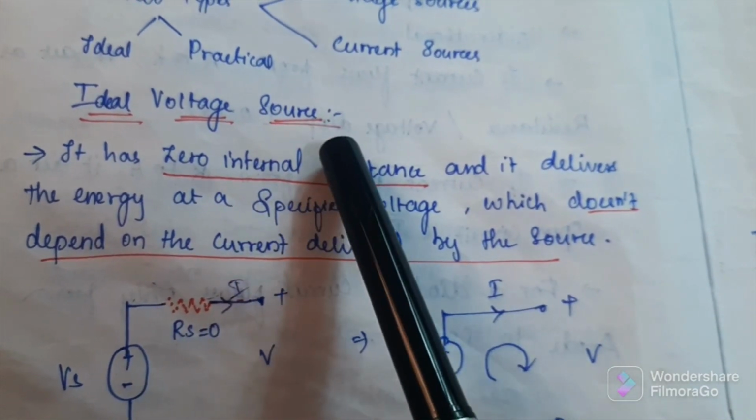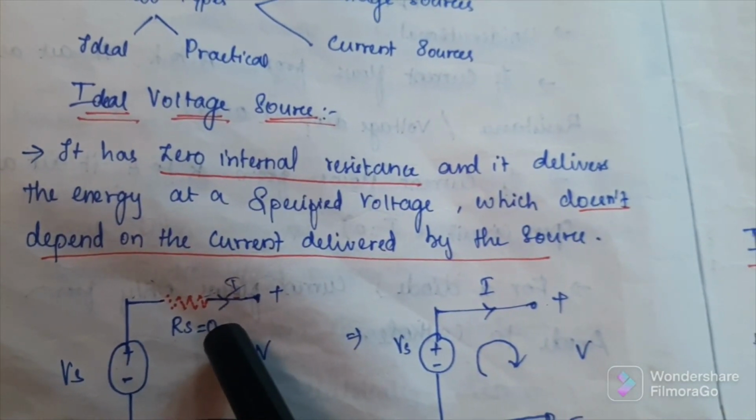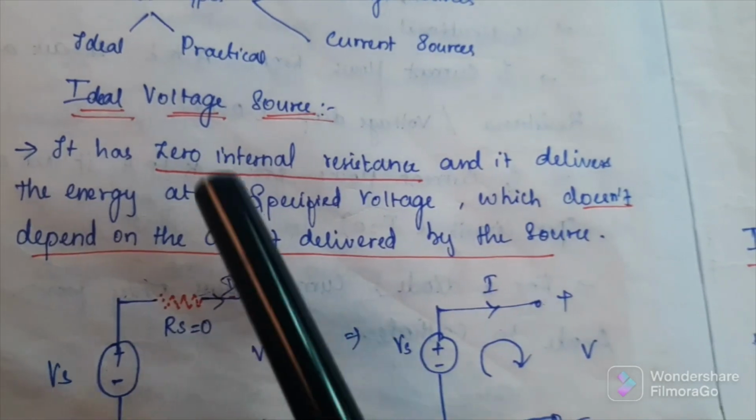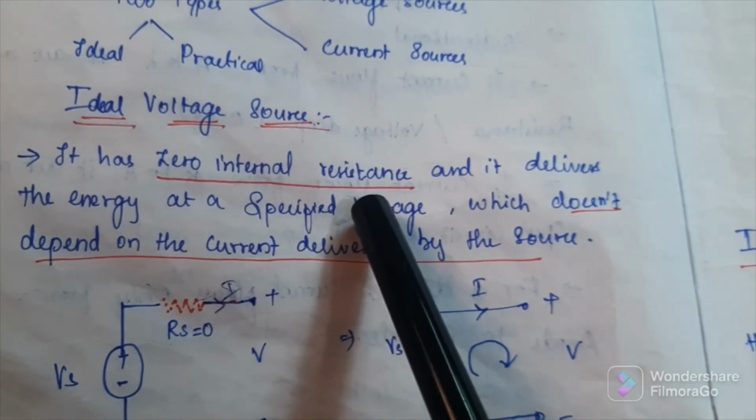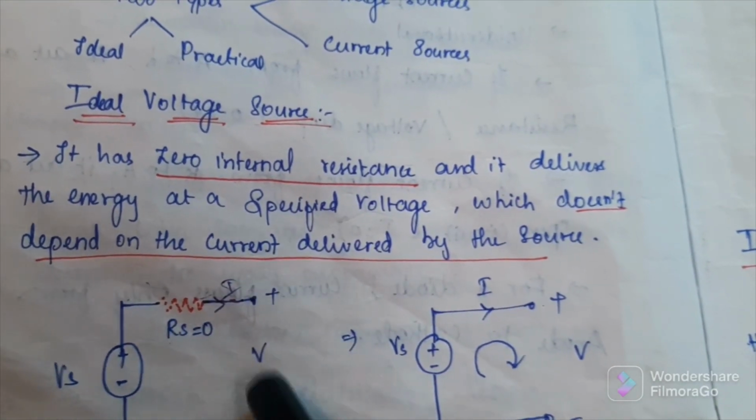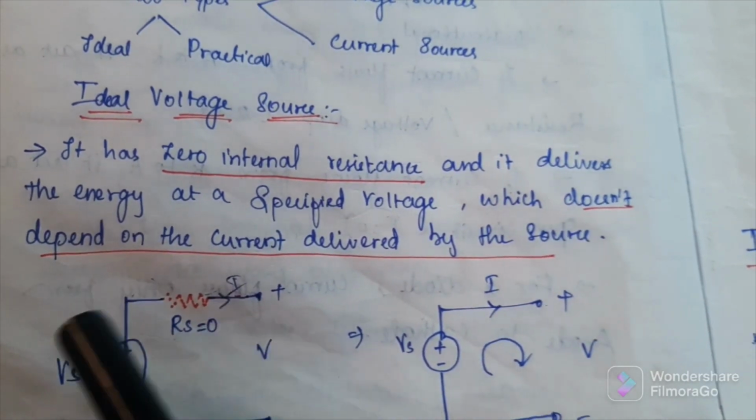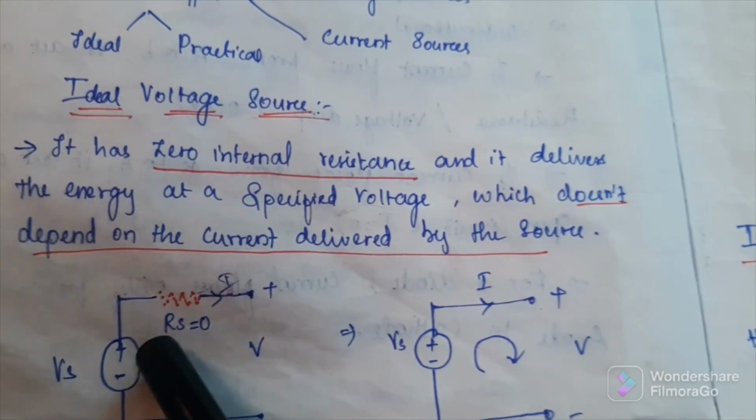In ideal voltage source, we don't have any internal resistance. So we can call zero internal resistance. The output voltage does not depend on the current delivered by the voltage source.